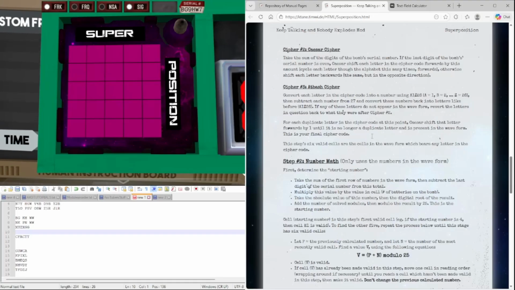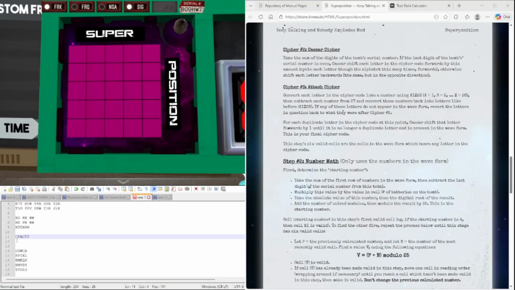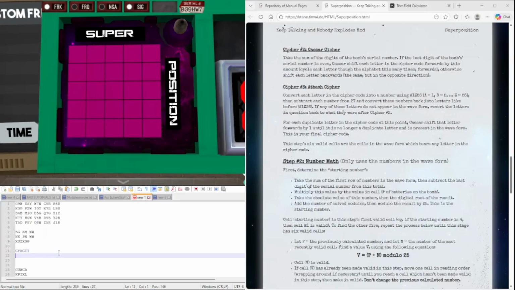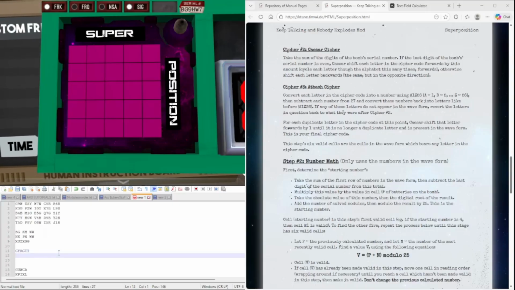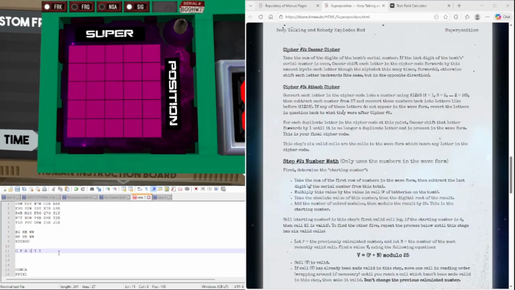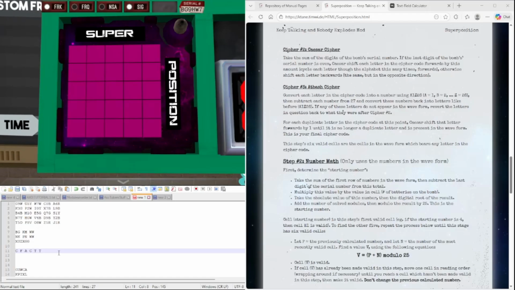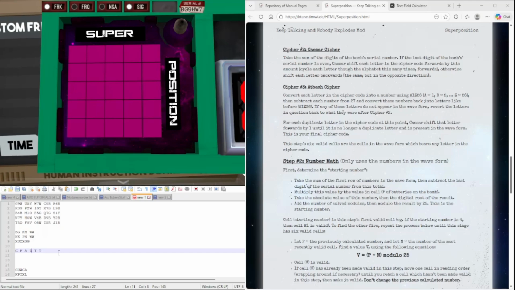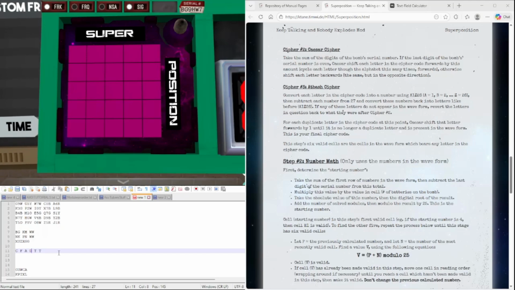So if any of these don't appear in the waveform, they refer. For each duplicate letter in the cipher code at this point, you need to shift that letter forwards by 1 until it's no longer a duplicate letter, so that means D.